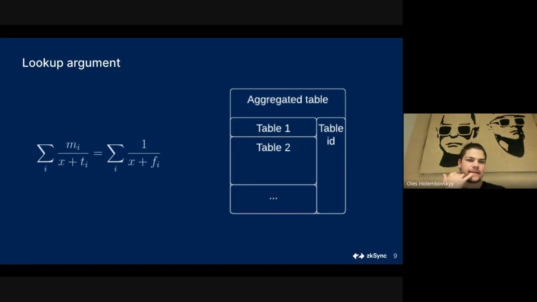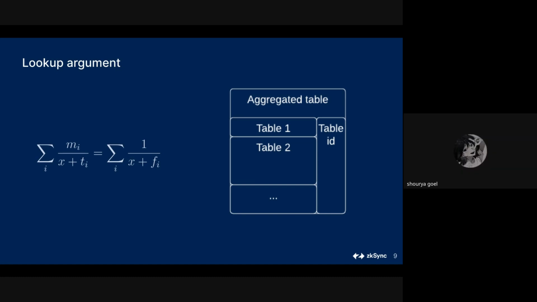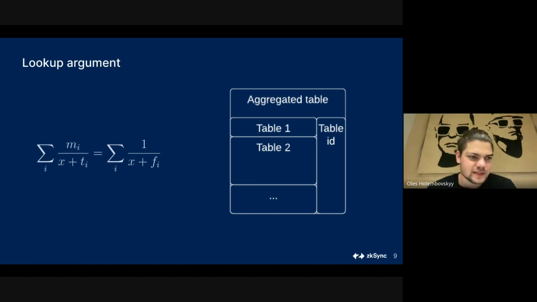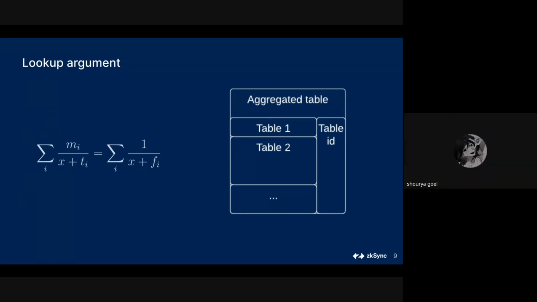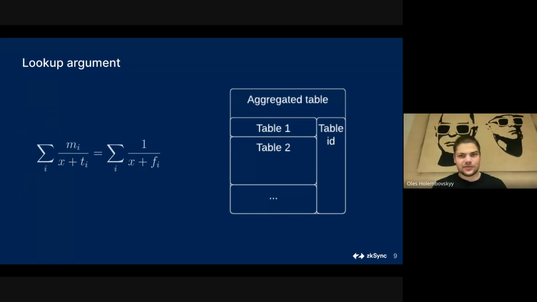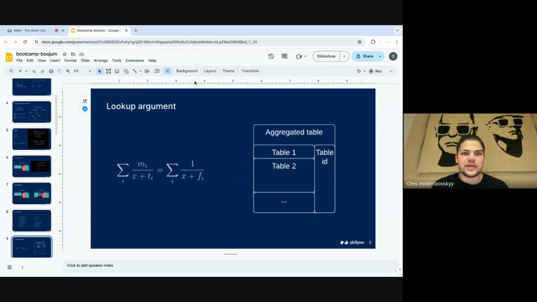It depends on how much we save when we use a table instead of a gate, right? Yes, right. It actually depends on the table. Some tables save more than others, but you can try.